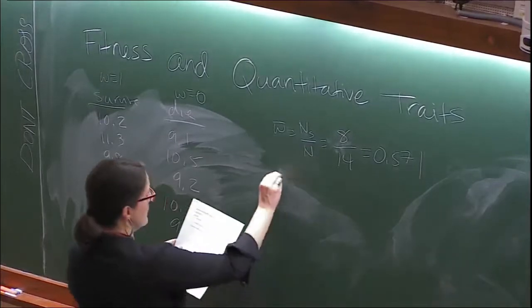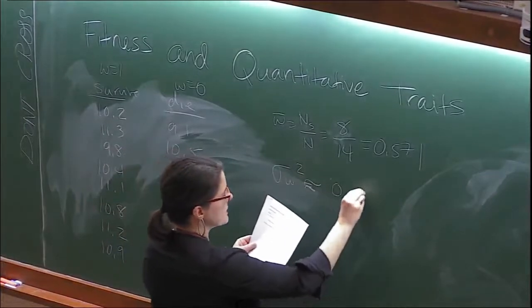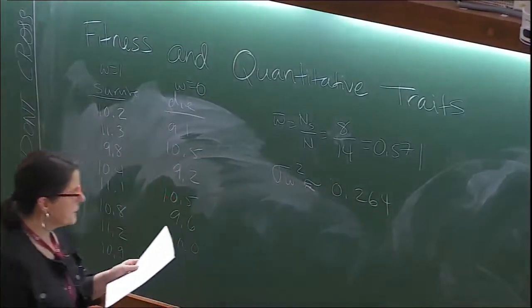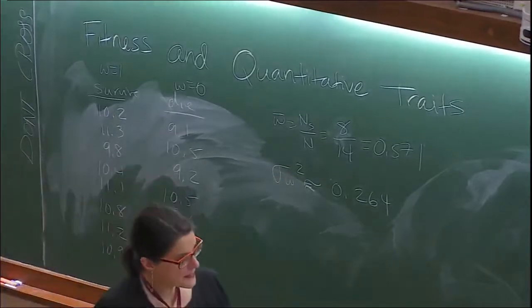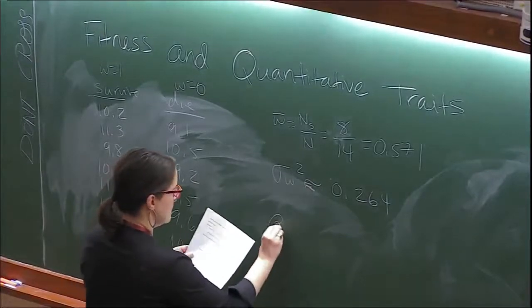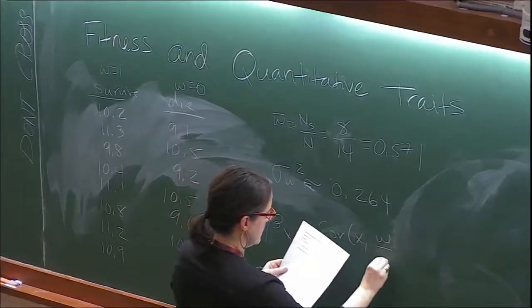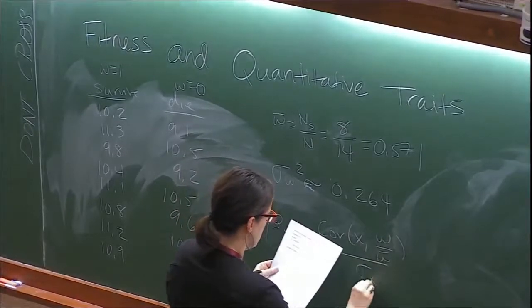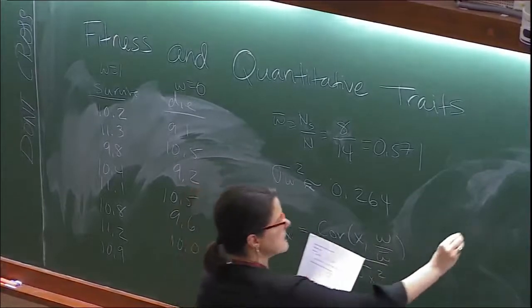And you can calculate variance in fitness, same thing. I did this on a calculator, so it's probably a little bit wrong. And then you can calculate the regression coefficient of fitness on wing length. You could plot this if you wanted. You have to calculate this covariance.